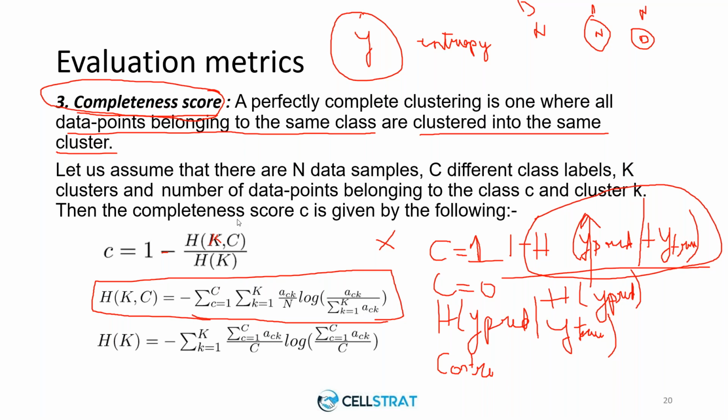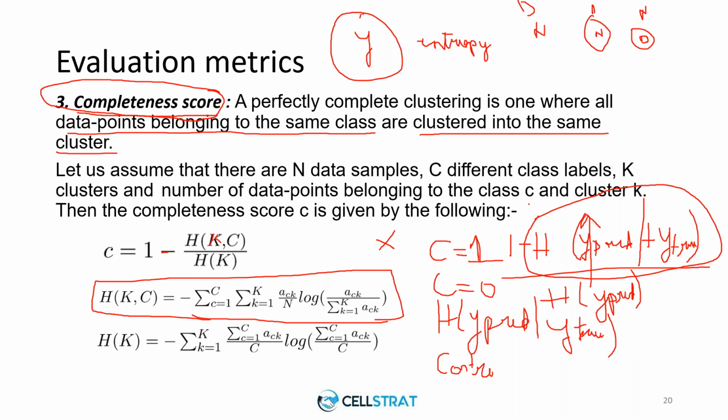Yes, there is a question here. How do you know Y true, since for unsupervised learning, you don't have the Y true? That's a good question. If you have the domain expertise, or if you have the Y true for a small data set out of a big data set, you can use that to check how good your clustering algorithm has performed.